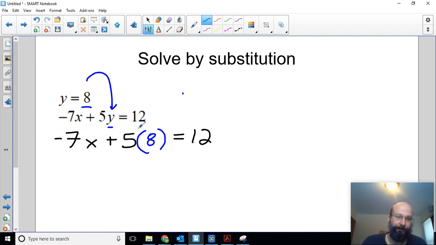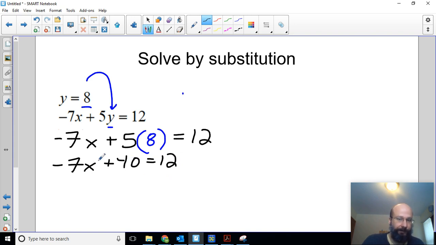The first step, as in most of these, is going to be distributing. So I'm going to distribute the 5 to this 8 because I want to get rid of this parentheses. So I'm going to have -7x, and then 5 times 8 is 40, equals 12.